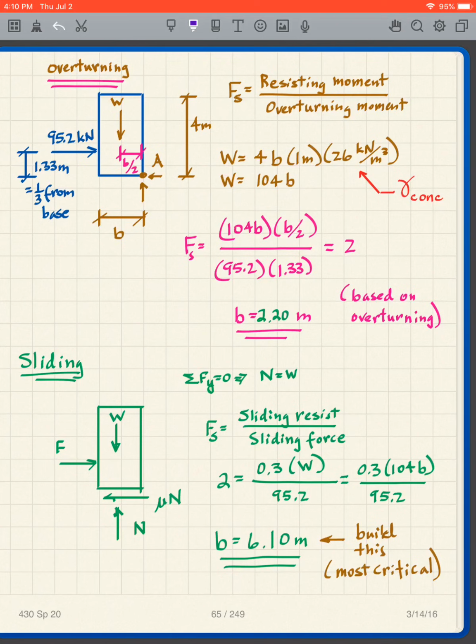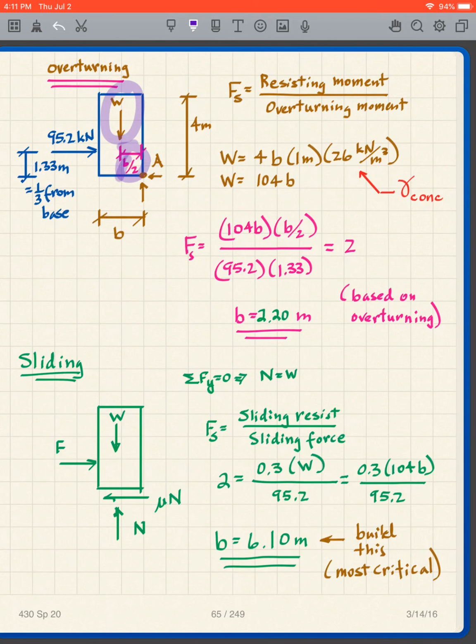Now, the way that we define factor of safety, and this is just a definition, is the resisting moment divided by the overturning moment. Well, what is the resisting moment? It is this W times the B over 2, because that resists the overturning.